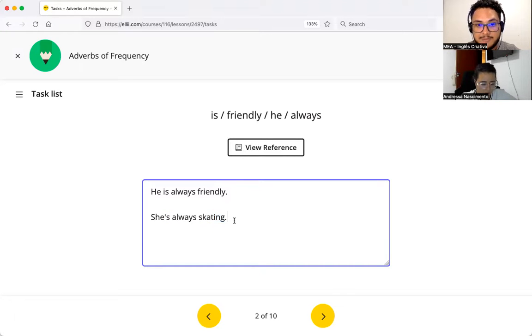It's happening now. But if you're going to say like this, she always skates. Skates. Perfect. Can you see the difference? With verb to be, after to be. If there isn't verb to be, before. Okay? Ok.